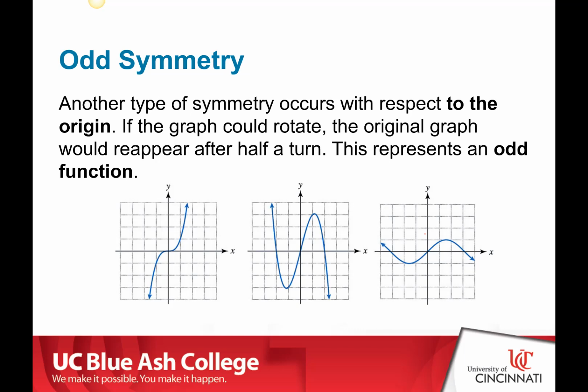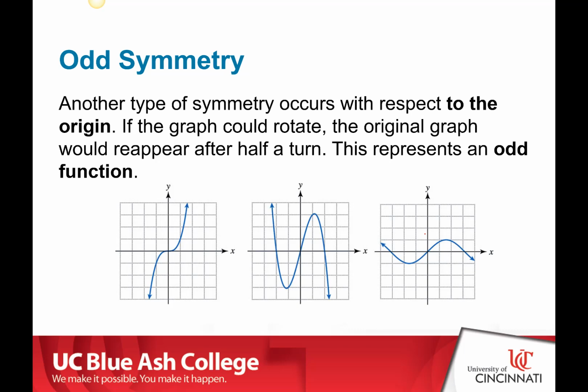If we spin this 180 degrees, what's pointed down now will swing around and then it'll be pointed up, won't it? And what's pointed up will spin around and it'll be aimed down. So if you take it and you spin it 180 degrees, you get back the same thing you started with, don't you? That's kind of weird. That is referred to as odd symmetry.